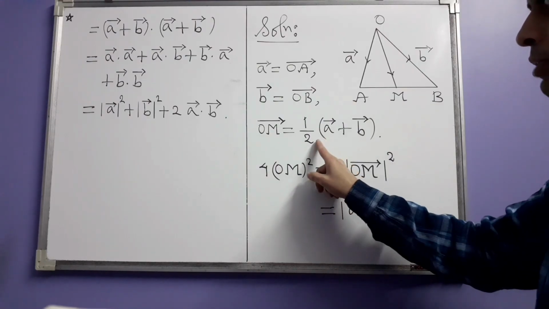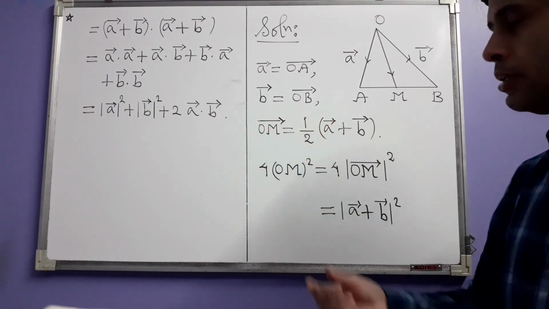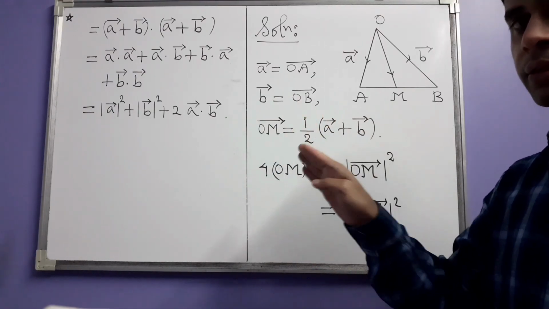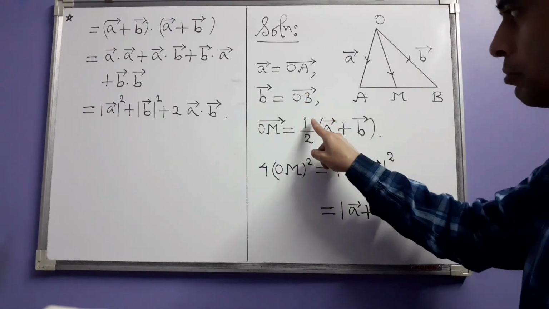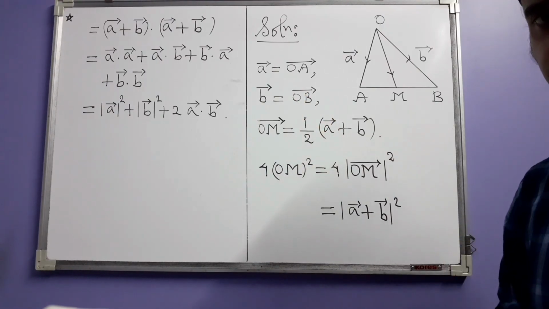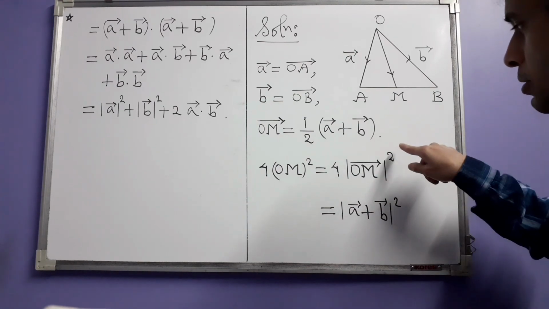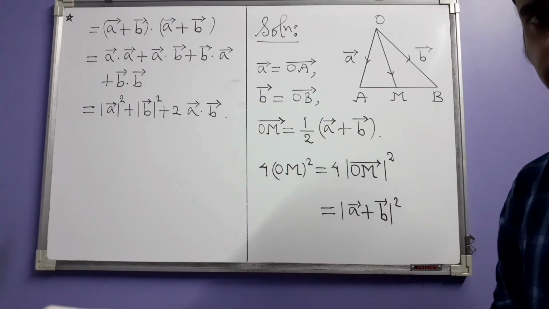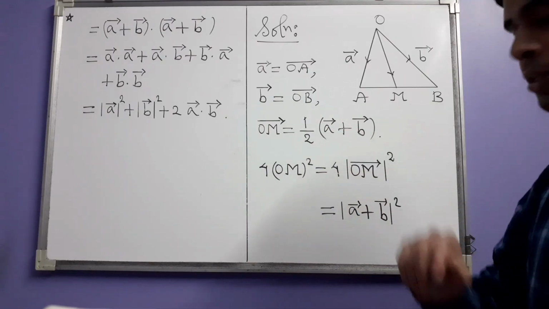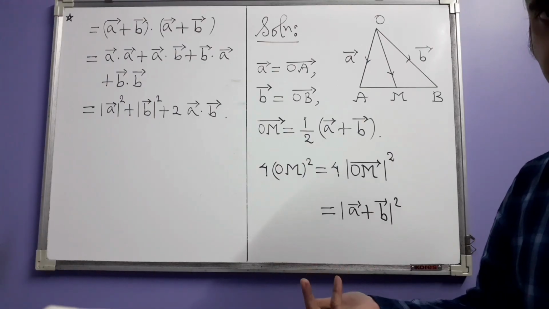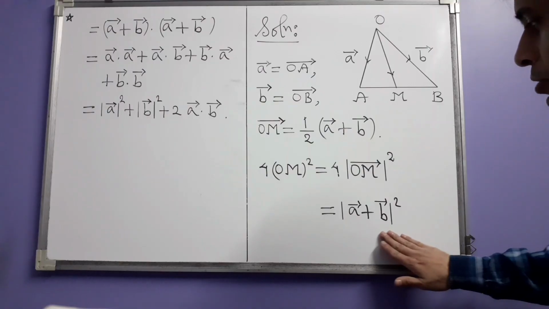There you will see that you can take the scalar part outside of the magnitude. It will come not just as itself, but with an absolute value. However, because this is a positive real number, this itself comes out of magnitude, but still there is a square over it. So it becomes 1 divided by 4, which when you cancel with this 4, things vanish, and you are left only with the square of the magnitude of A plus B.